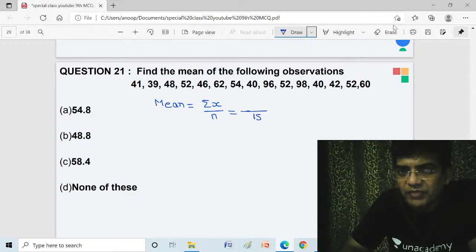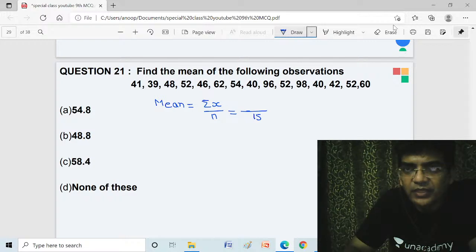So let us add these terms. Okay, so let's see how we can add them. If I add 41 and 39, that will give me 80. 48 plus 52, that will give me 100. So I can say I am getting 180.